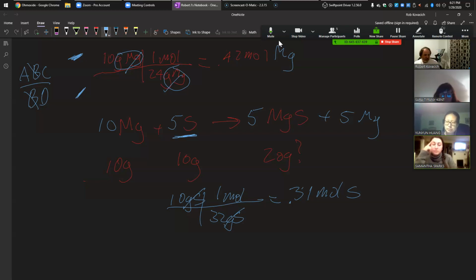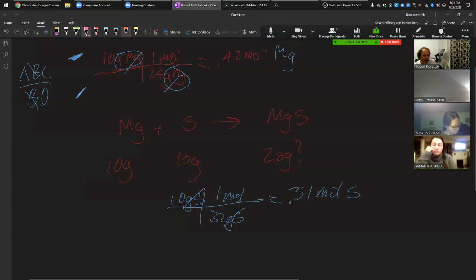Okay, so let me erase this. So what we just showed is we have 0.4 moles of magnesium and 0.31 moles of sulfur. Now, I know it's a little confusing because it says moles, but it's just a number.